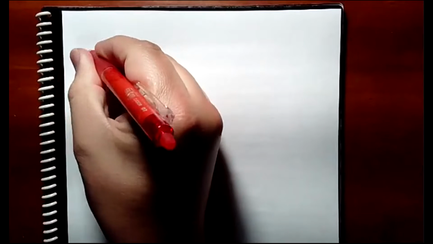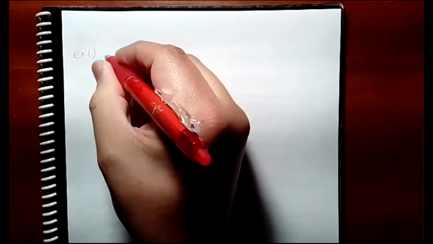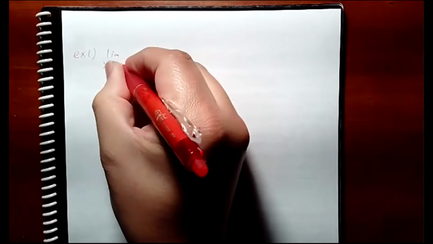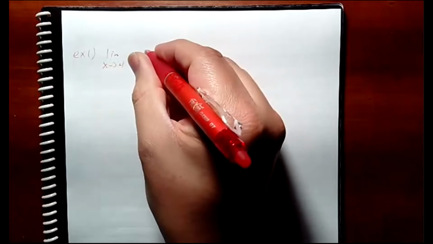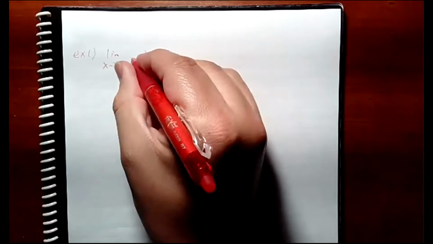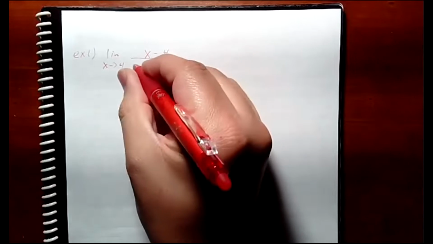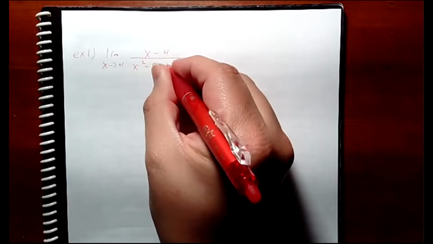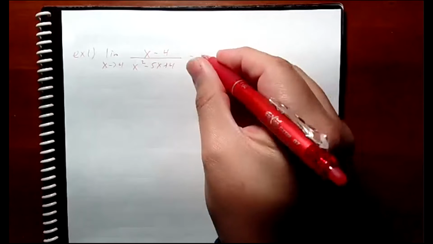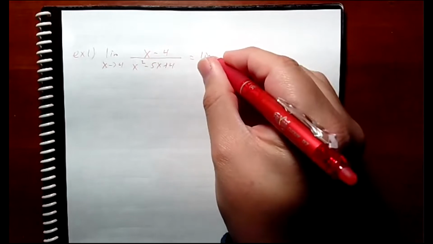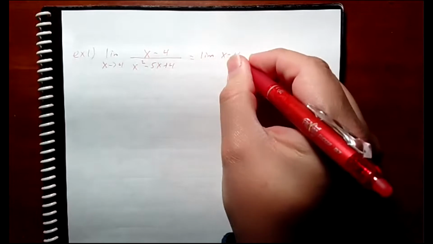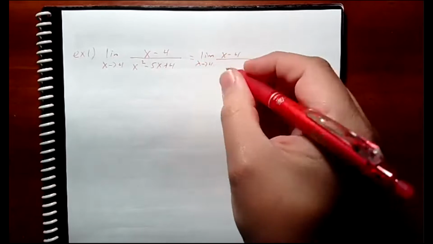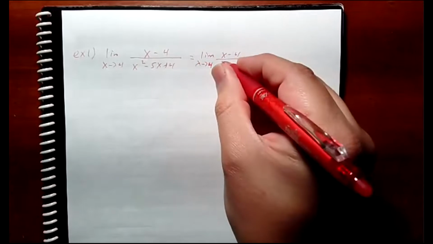Okay, so the question is asking the limit as x approaches 4 of this function right here. Let's factor the bottom so you can see the problem.